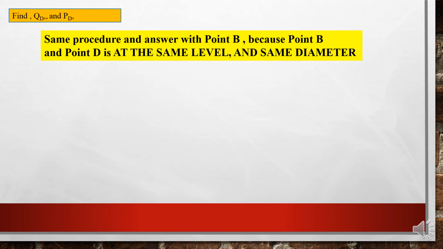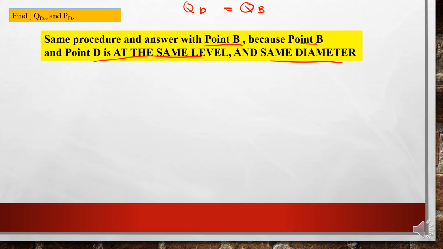For point D, if you need to determine the value of QD and PD, the pressure and flow rate at D, you have to use the same procedure as we did in point B, because point B and point D are at the same level and have the same diameter. In other words, QD will be equal to QB.